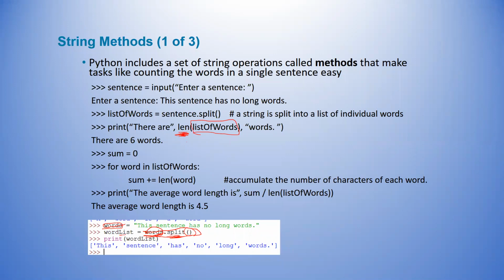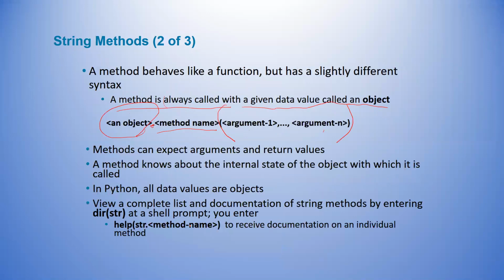So when you call a method, it's always object name dot method name. With Python, some functions, and this is a function, you just use the function name followed by parentheses, followed by the object name, whatever you want to do. Here, the object name comes first, followed by dot, followed by the method name. So that's the difference, okay?